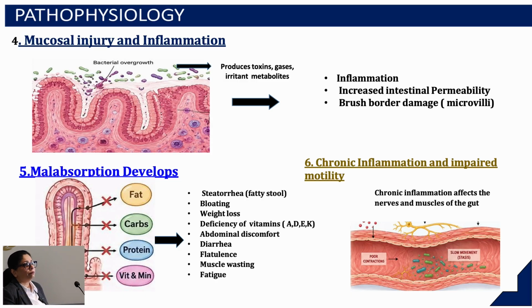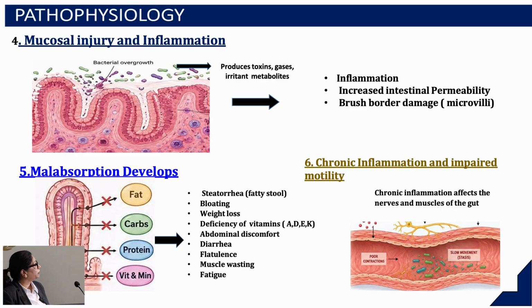So that can develop into malabsorption. So there will be malabsorption of fat, carbohydrates, proteins, vitamins and minerals, which results in steatorrhea, bloating, weight loss, deficiency of fat-soluble vitamins like A, D, E and K, abdominal discomfort, diarrhea, flatulence, muscle wasting and fatigue.